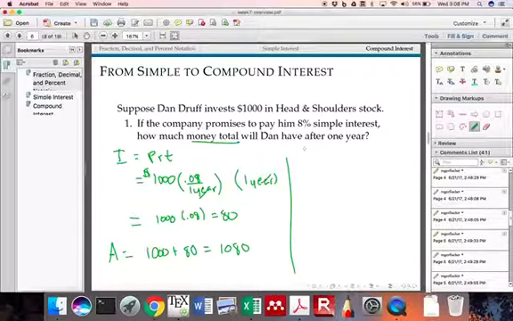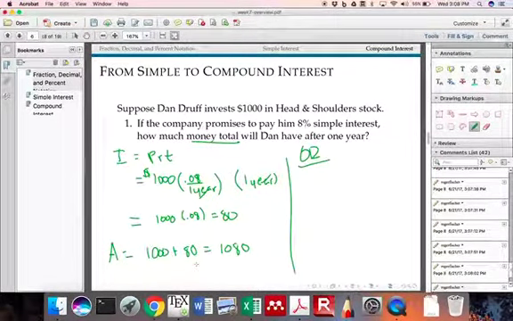But wait, there's more. Here's another way to think about it. Do you remember that 80? A equals 1,000 plus 80, and the 80 came from multiplying 1,000 by 0.08. And notice that both of these terms have a factor of 1,000.